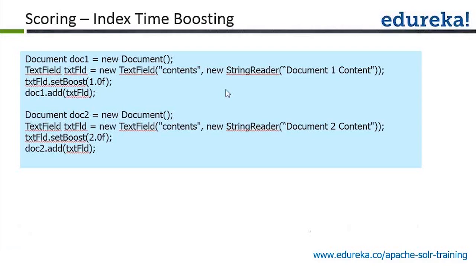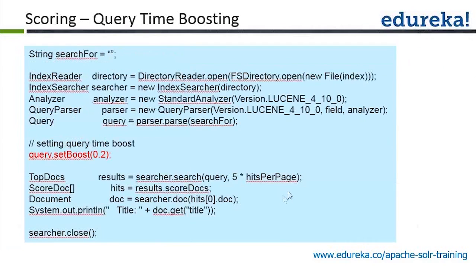We'll see an example so it will be very clear how the weights are allocated and how much you have to boost. This is how you do index time boosting. Similarly for query time boosting, you just say query dot set boost and select the field. It will boost that particular term.